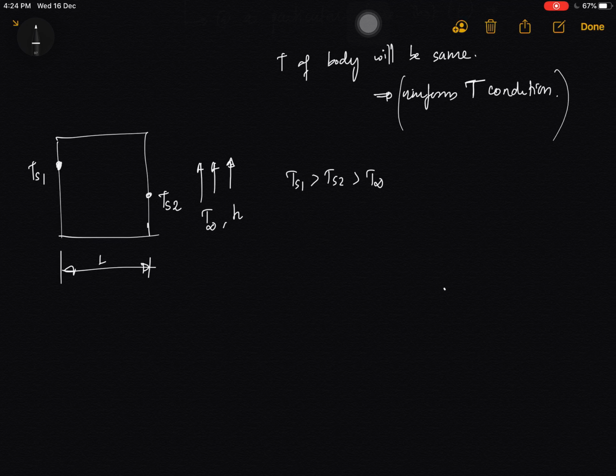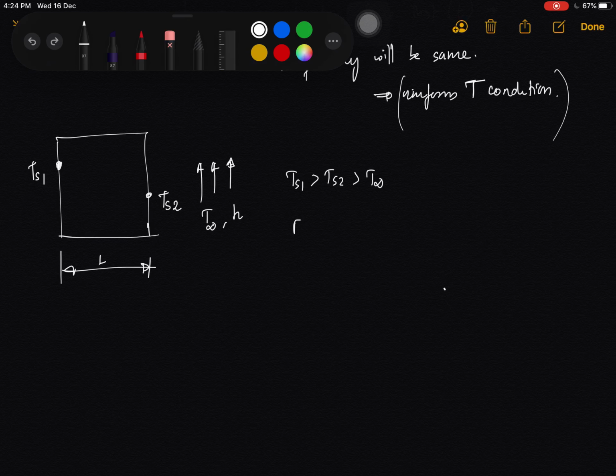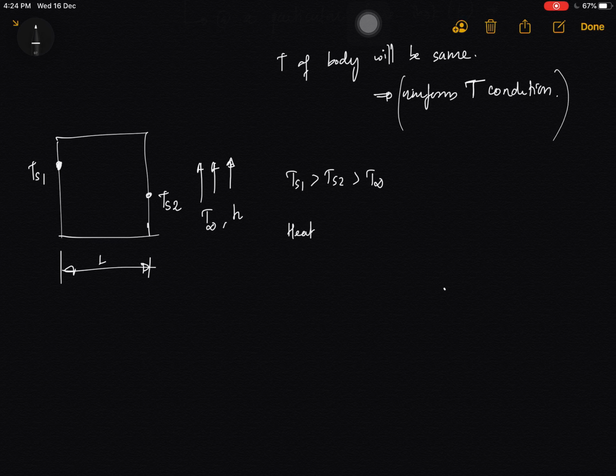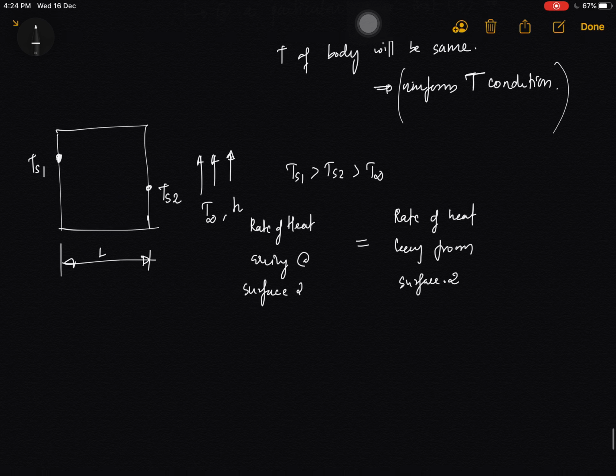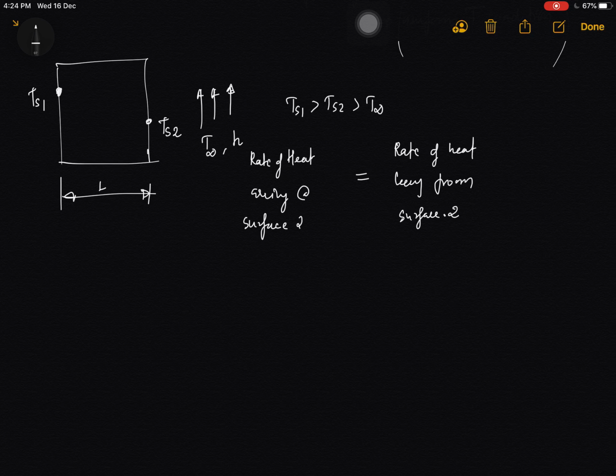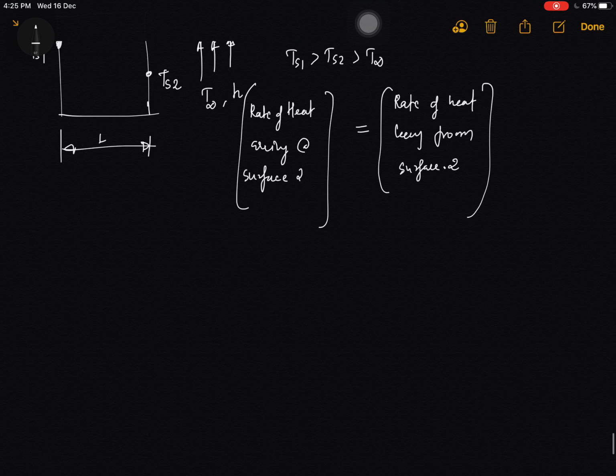If we consider the energy balance at surface 2, the rate of heat arriving at surface 2 will be equal to the rate of heat leaving from surface 2. This is simply an energy balance of the heat flow.